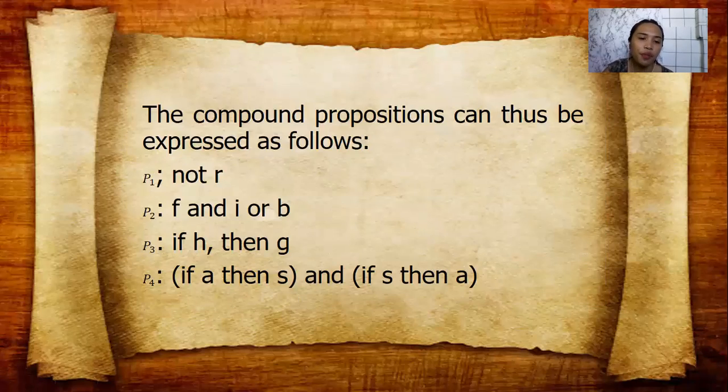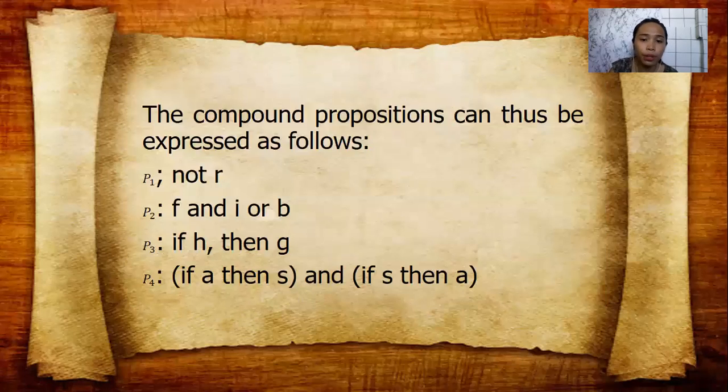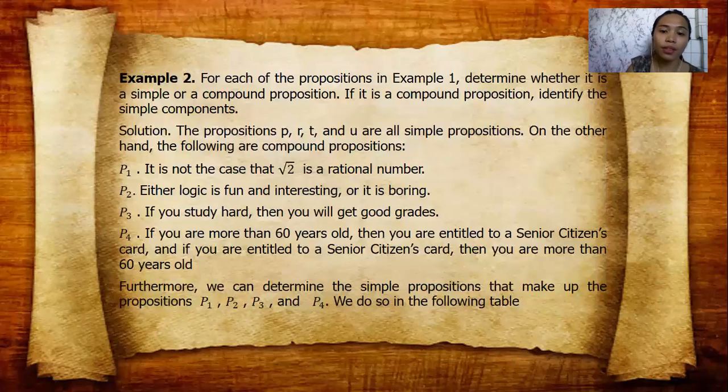And for P sub 4, if A, then S: if you are more than 60 years old, then you are entitled to a senior citizen's card, or it can be reversed: if you are entitled to a senior citizen's card, then you are more than 60 years old. Those are the differences of compound proposition and simple proposition.